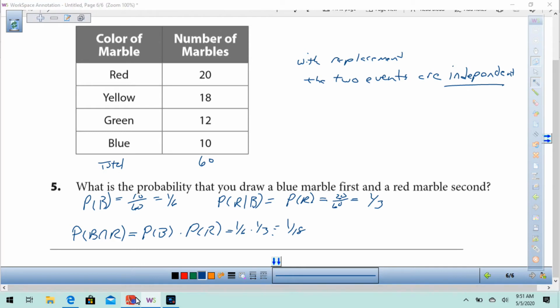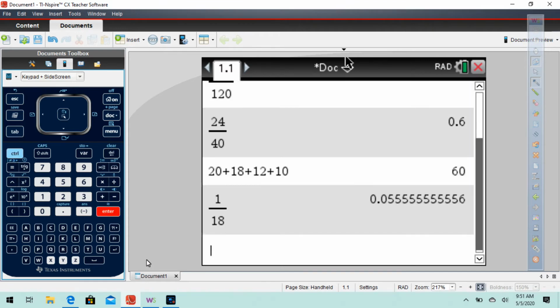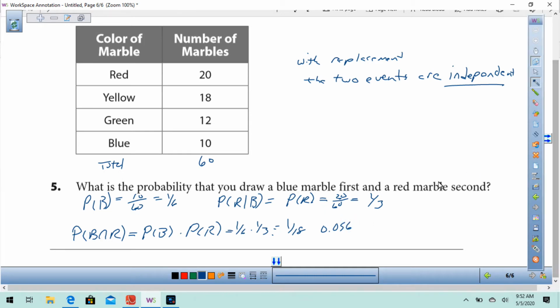And I think we're supposed to turn that into 1 divided by 18, which is 0.056. Are we supposed to go 3 places? All right.